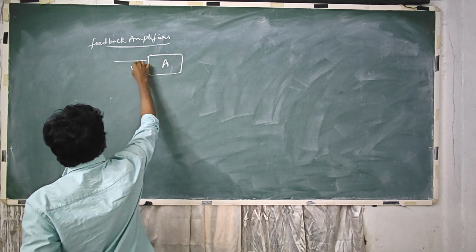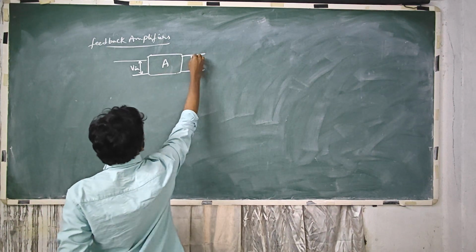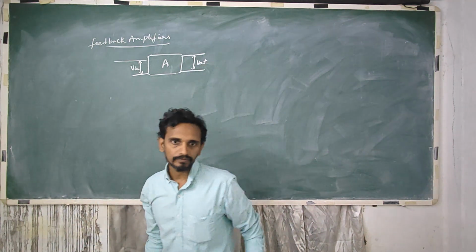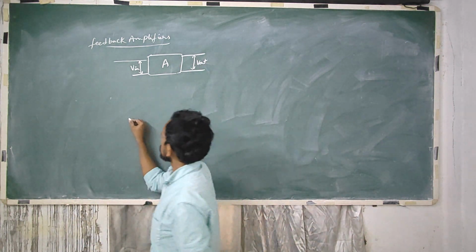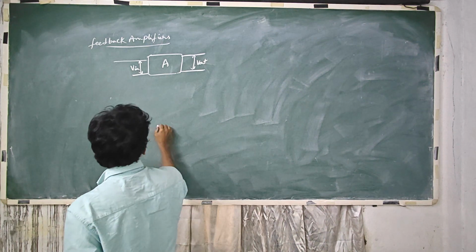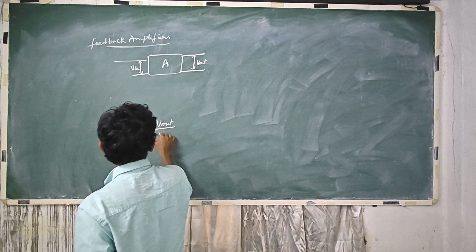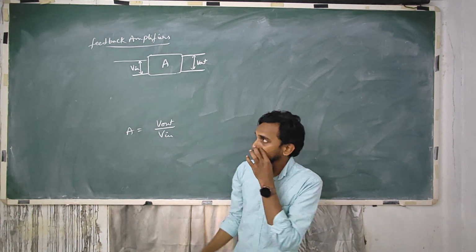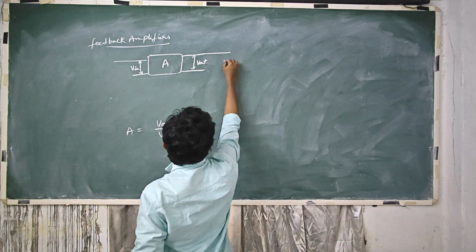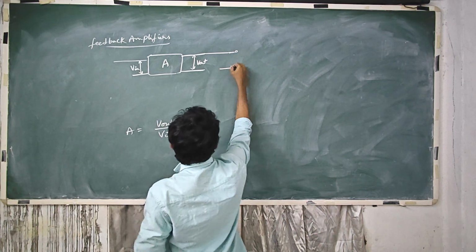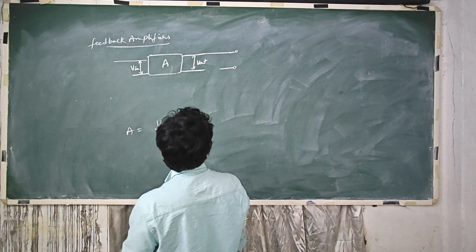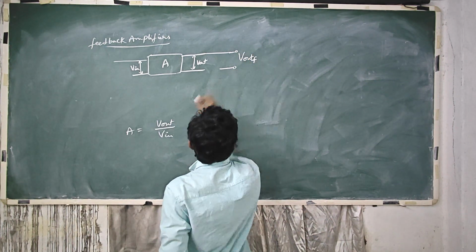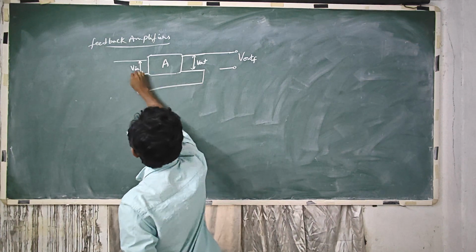this is V in and this is V out. So A is equal to V out by V in. So I'm taking a fraction of the output signal and giving it back to input.